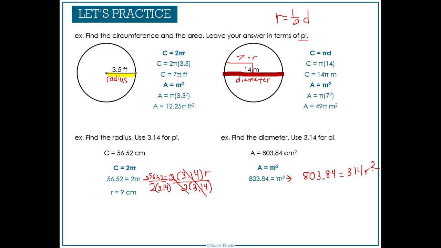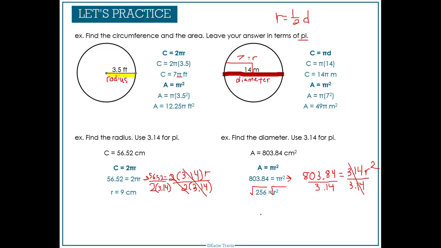So we're going to have to undo this squared later. All right, first thing we got to do, we got to divide by 3.14 on both sides. When we divide both sides by 3.14, that gives me 256. Now, if we want r, we got to take the square root of both of these two sides.